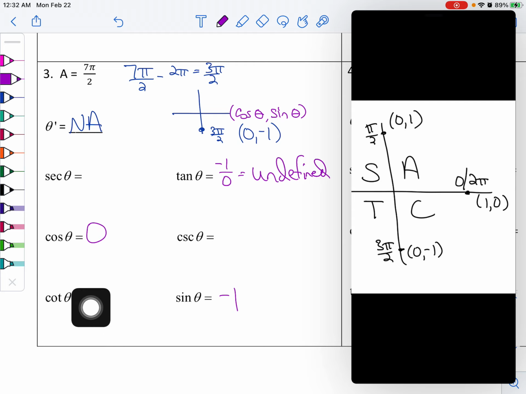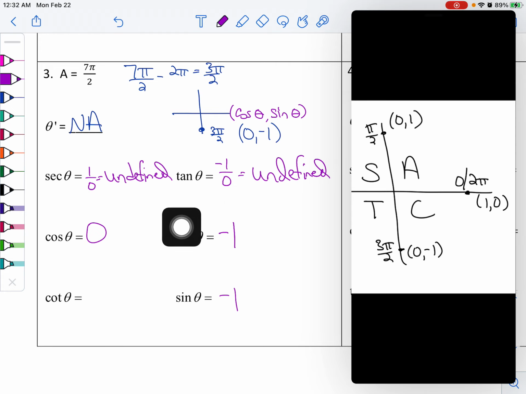Now I can use these 3 to find my other 3. Secant is the reciprocal of cosine. Right now cosine is 0, so its reciprocal would be 1 over 0, which is undefined.